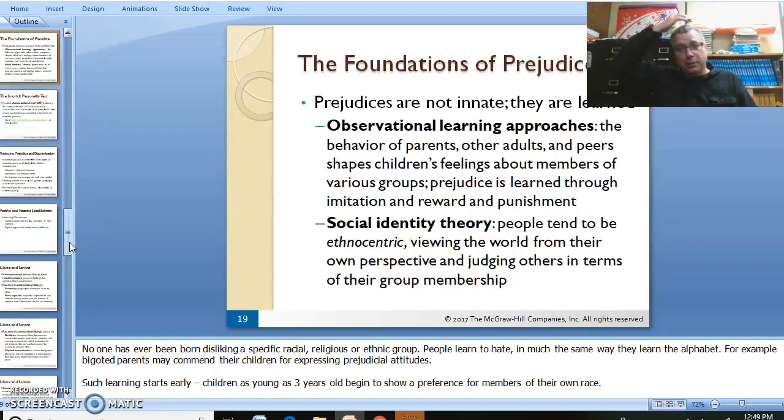So how is it that we learn to be this way? Well, it's not innate. We're not born this way. We're not born wanting to be prejudiced towards a particular group of individuals because of the way they look and so forth. One is we've seen other people do it. We've seen our parents do it. We've seen other adults do it.